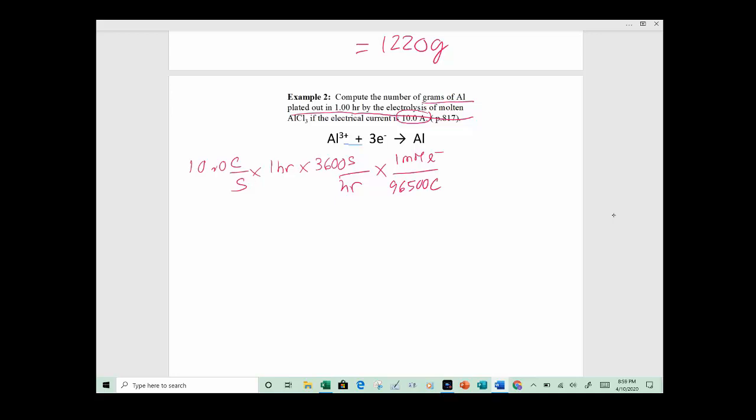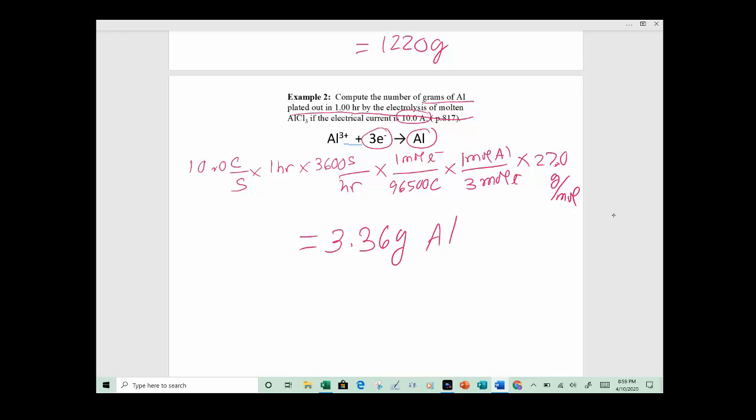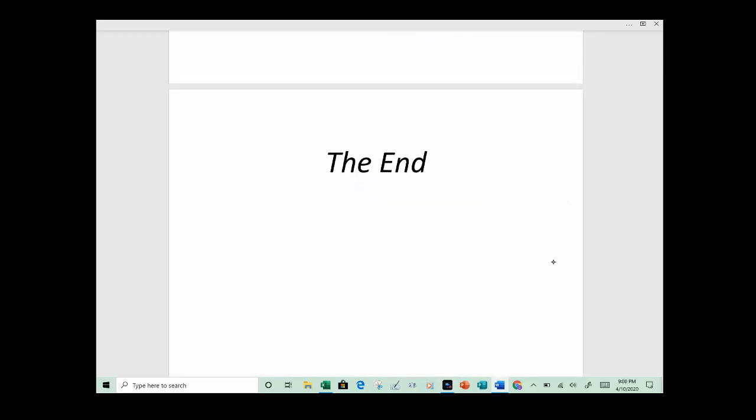From our chemical equation, we get 1 mole of aluminum from 3 moles of electrons. So 1 mole of Al per 3 moles of electrons, and multiply by the atomic weight of aluminum, which is close to 27 grams per mole. And we get the mass plated out. And that's pretty much it for this chapter.